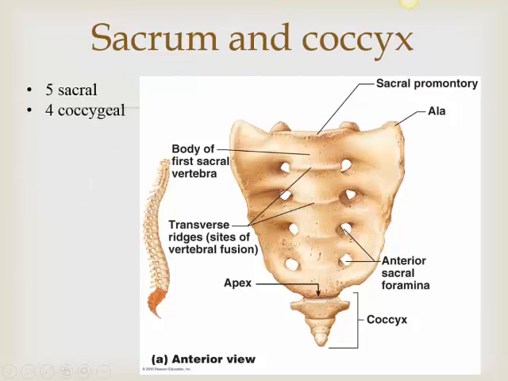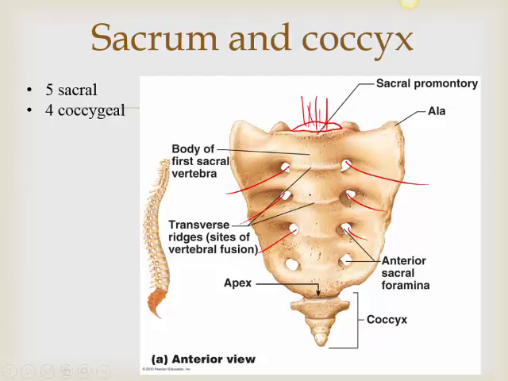Here is the sacrum and coccyx, and even in the sacrum, this is where the vertebral foramen will be. Part of the spinal cord will go all the way down into it, and the nerves will all come out in this part up here. We have 5 sacral vertebrae which are fused with one another, and this articulates with the coccyx below, where 4 vertebrae fuse to form the coccyx.